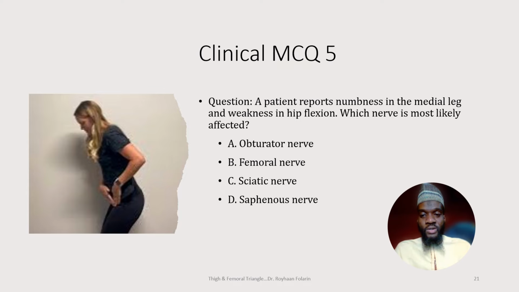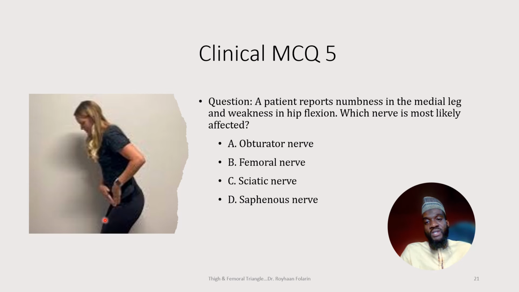So what's our question here? A patient reports numbness in the medial leg and also reports weakness in the ability to flex the hip. So if a patient presents with this, we've mentioned two things: numbness in the medial part of the leg, and then weakness in the flexion of the hip.